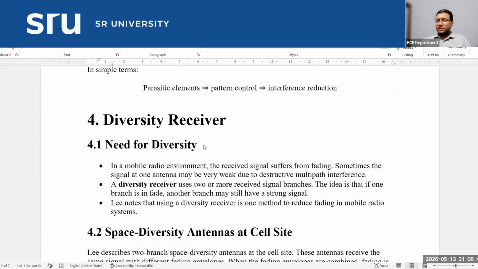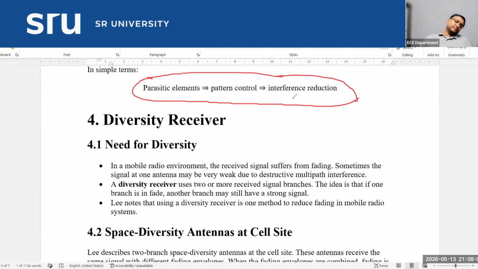So in simple terms, we can say that these parasitic elements are actually responsible for pattern control, which in turn reduces interference.